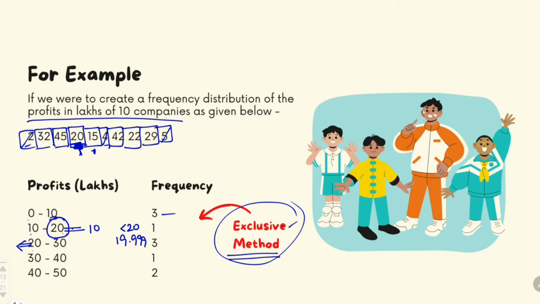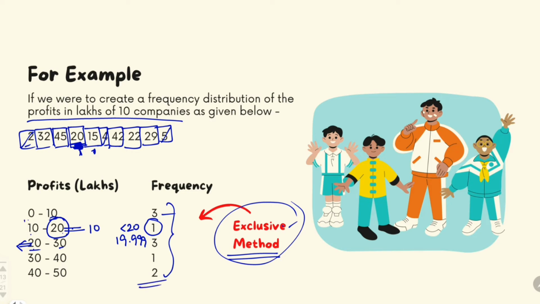This method gives the best continuity. That is why, even though I have 20 and 15, I have only one frequency, because 20 is not included here. 20 will be included in the 20 to 30 range. Okay, so now I think you can make sense of how I have written the rest of it, right?